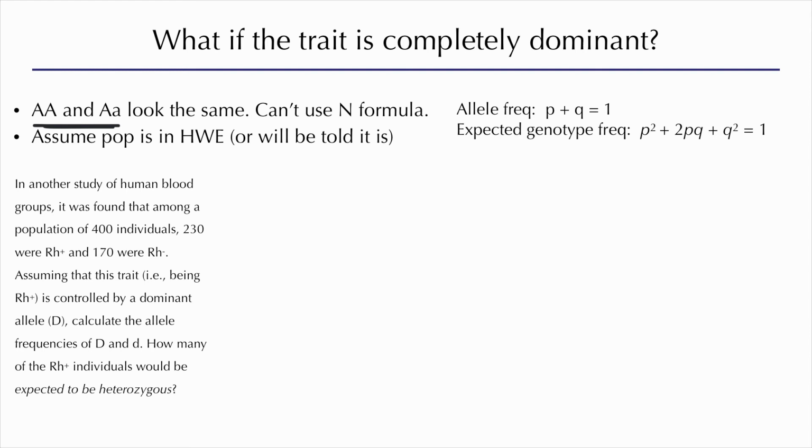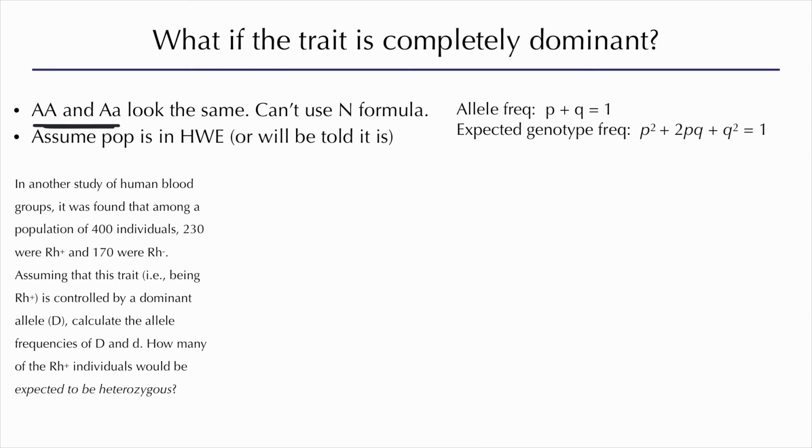For example, in Mendel's pea plants, the purple allele was dominant to the white, so homozygous dominant and heterozygote plants had purple flowers, and only the homozygous recessive had white flowers. So what you'll have to do is assume the population is in Hardy-Weinberg equilibrium in order to solve the equations, or I'll tell you it's in Hardy-Weinberg equilibrium.